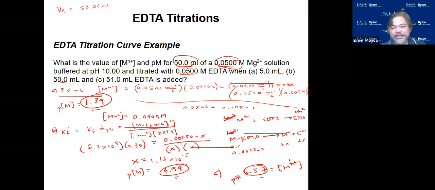So since the pM value increases, that means your metal concentration decreases. Remember in the pH, the lower the pH, the more H plus. So the higher the pH, the less H plus concentration. This same thing here. Okay.